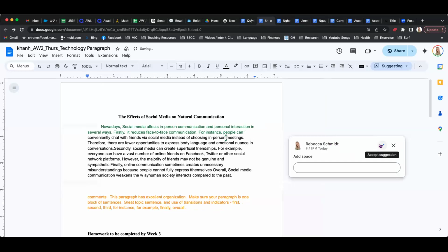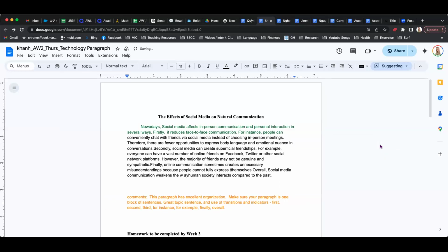Therefore, there are fewer opportunities to express body language and emotional nuance in conversations. Secondly, social media can create superficial friendships. For example, everyone can have a vast number of online friends on Facebook, Twitter, and other social network platforms. However, the majority of friends may not be generous and sympathetic.